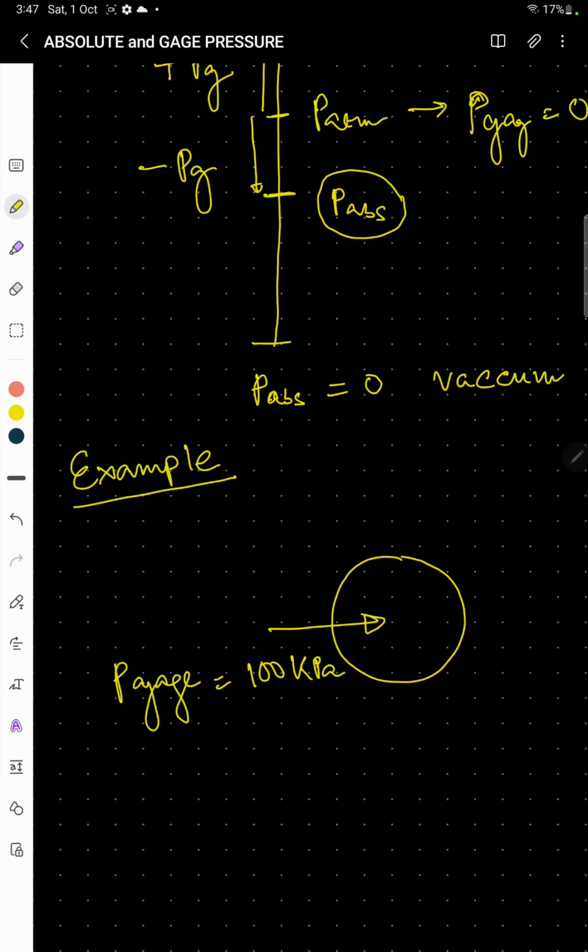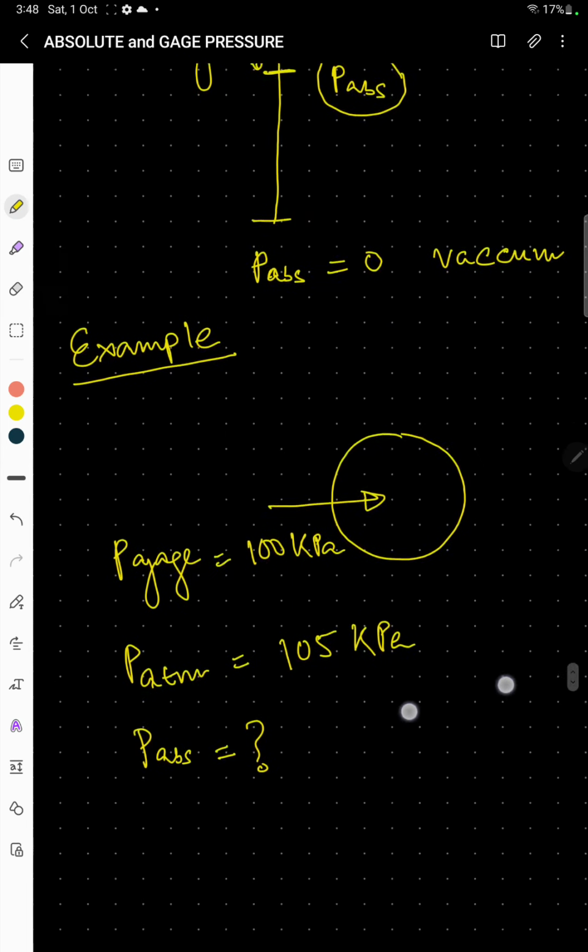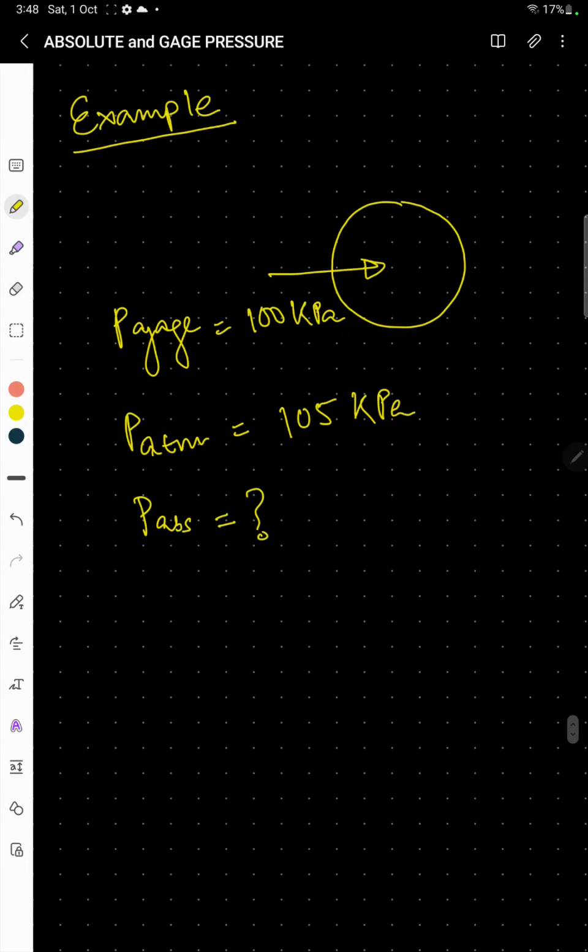And say the local atmospheric pressure, P atmospheric, is 105 kPa. In this situation, if you have to determine the P absolute, we can determine it from the concept I have just discussed above.